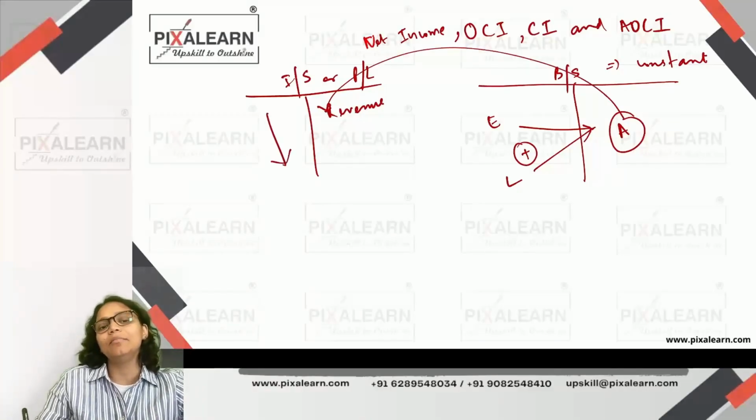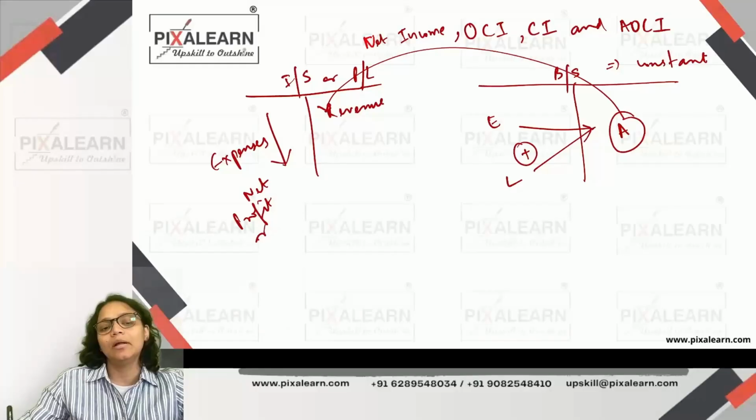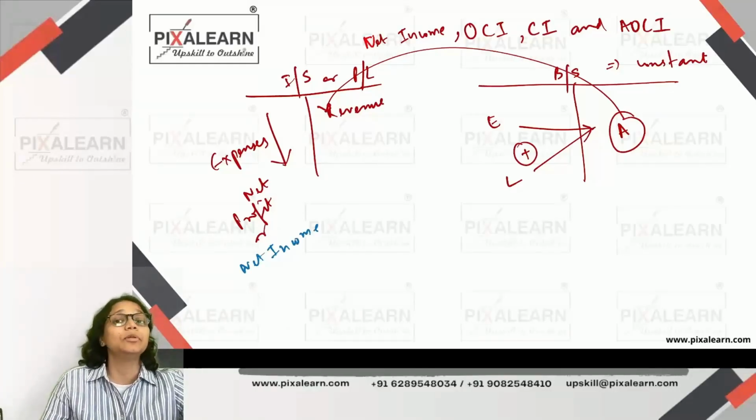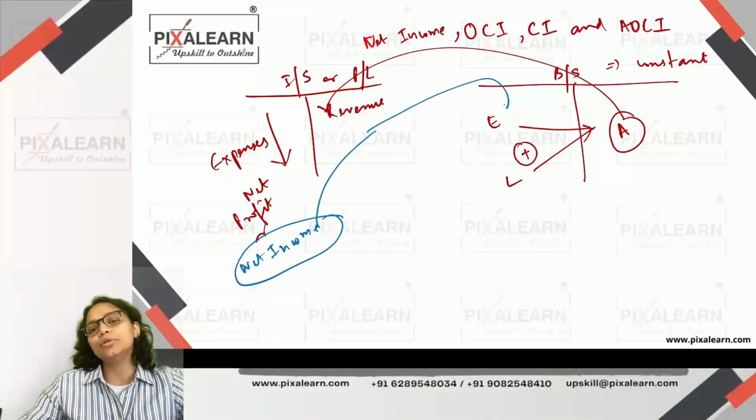And then how did we manage our expenses to ensure that there is a net profit, which we also term as a net income. And this net income does what? This net income is the performance for the particular year, and this net income is actually routed into a portion of equity which is termed as retained earnings.